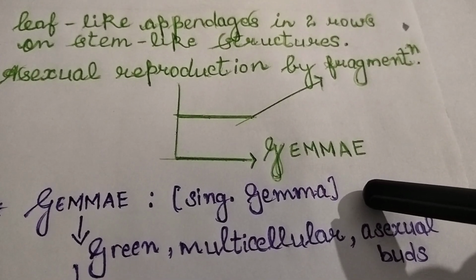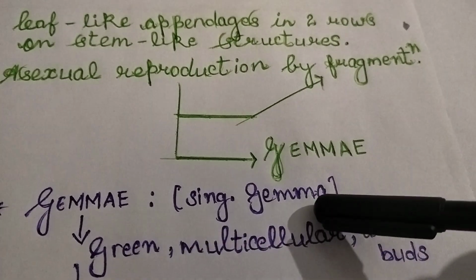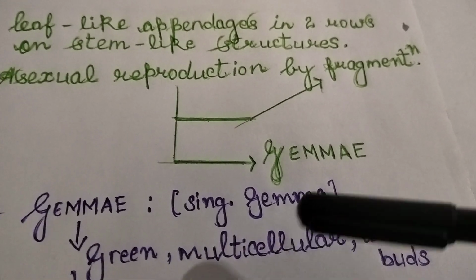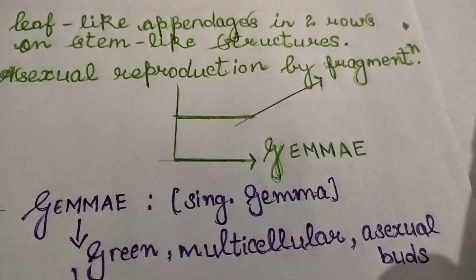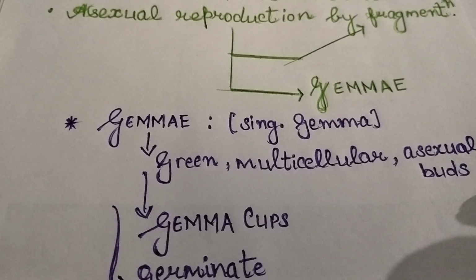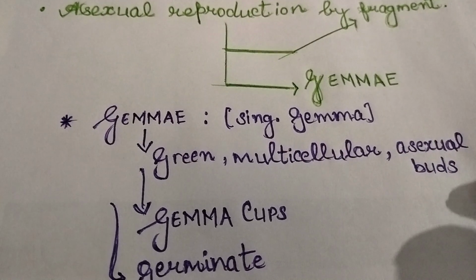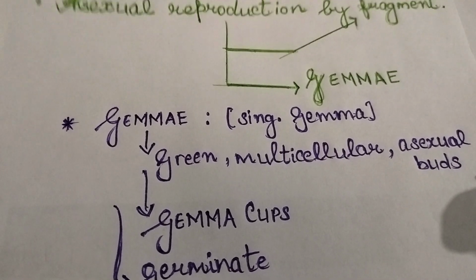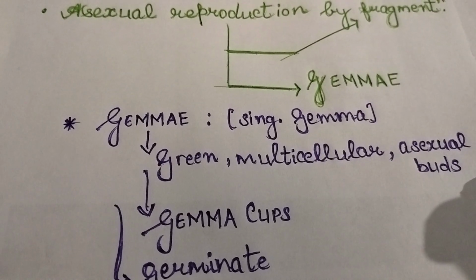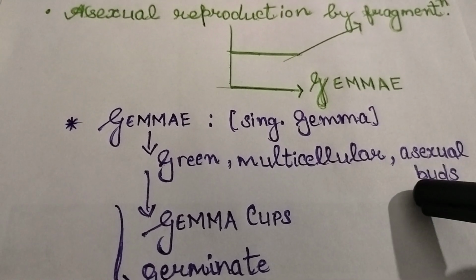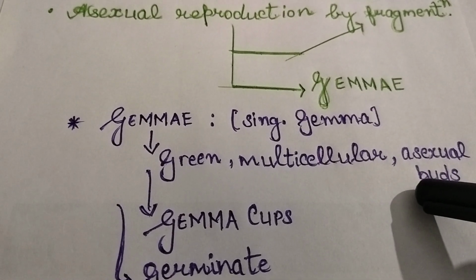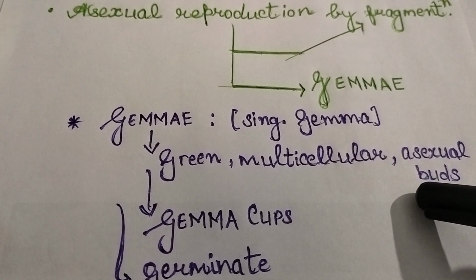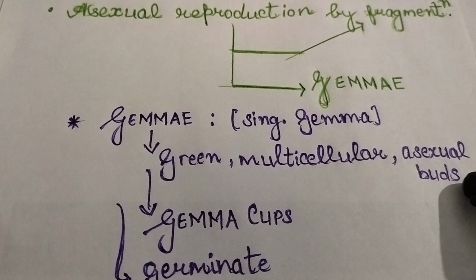Gemmae. Now what is a gemma? Singularly we say it as a gemma. These gemmae are specialized structures. They are green, they are multicellular and they are asexual buds. Means a gemma is a bud-like structure and it is an asexual bud.